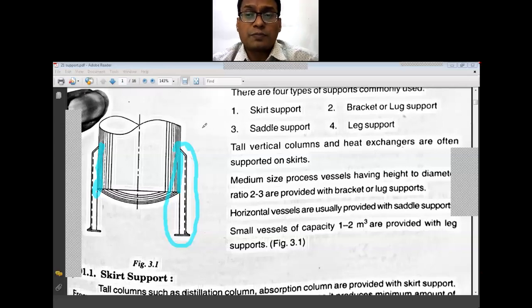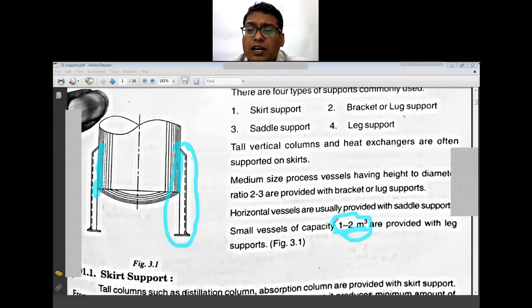So first, primarily, is the leg support, then the next is your skirt support. Then the bracket support, which is also called the lug support, and the fourth one is the saddle support. Now these leg supports are used for small vessels of, say, 1 to 2 meter cube volume.